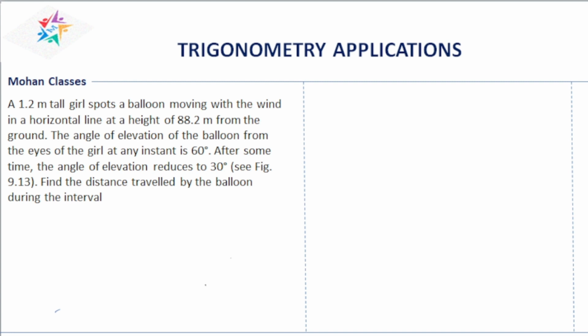So, here is the ground level. The girl is standing. This is the height of the girl. Okay. Now, first here it is the balloon. After that, it is moving somewhere else here. First, she is looking at the first balloon, right?